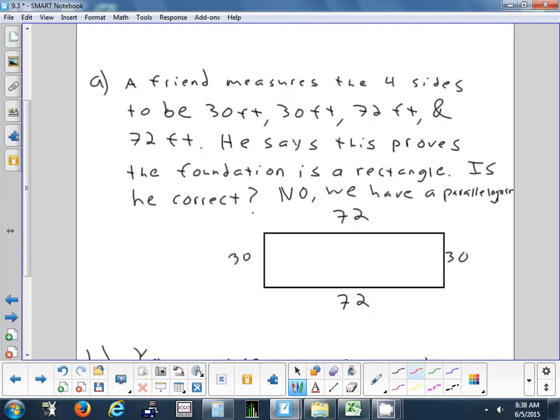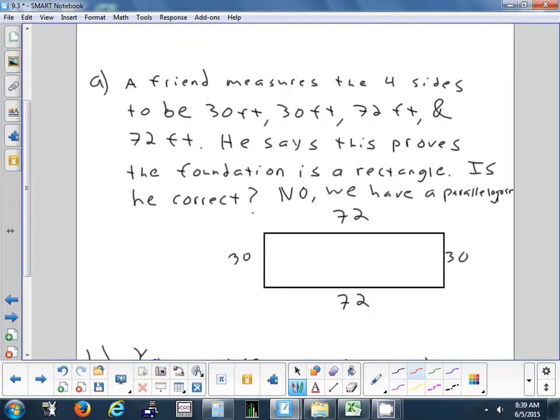Any question on why this is not a rectangle based on that information? Does anybody know what you could measure here that would actually be helpful? Measuring the sides, that's not really helpful. Angles. You could actually measure angles, like if you had a transit, maybe you could shoot some angles and measure them. But the diagonal, right?